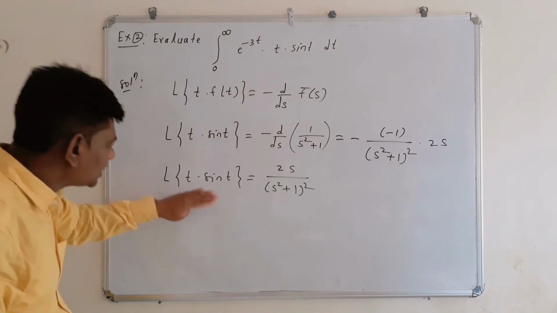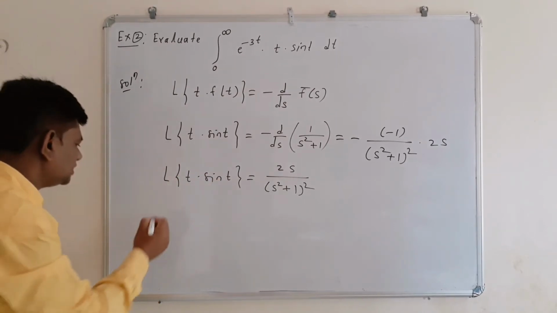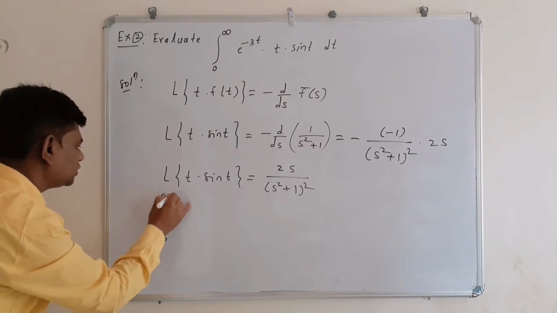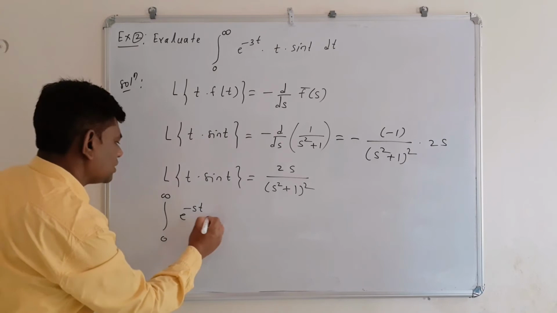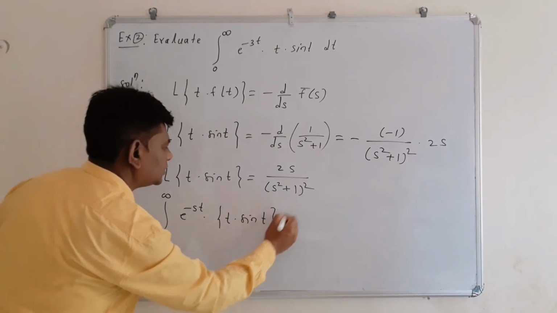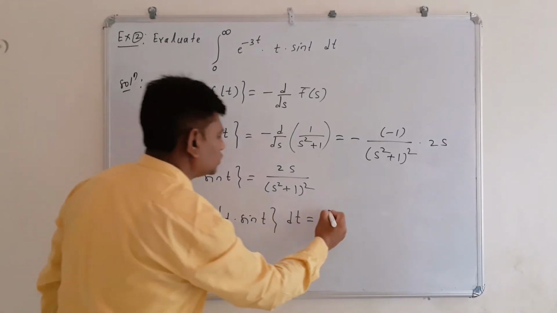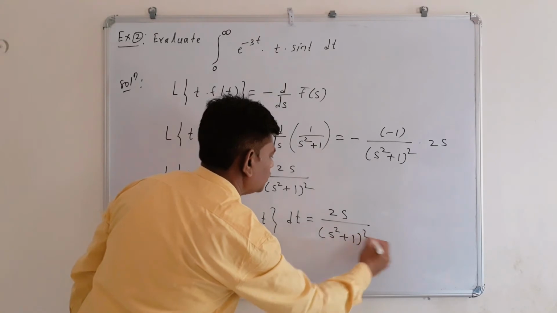Now by using the definition, Laplace transform of t times sin t is equal to integration 0 to infinity e to the power minus st times t times sin t dt, which is equal to 2 times s upon s square plus 1 whole square.